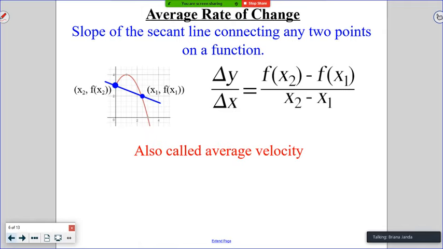But if you remember when we talked slope, I wrote this on the board, right? Change in y. That triangle is your mathematical symbol for change in. It's read as delta. Delta y over delta x is the change in the y values over the change in the x values. Now, our mathematical notation is f of x2 minus f of x1. Guys, remember, f of x is just your y value in an ordered pair, right?